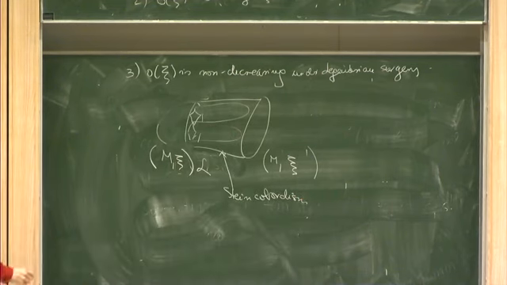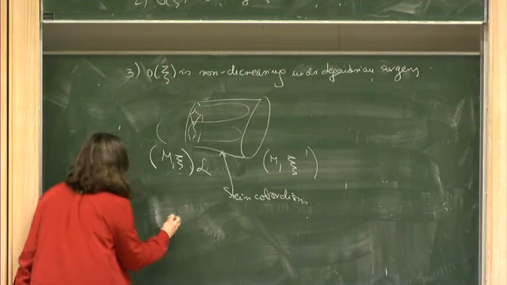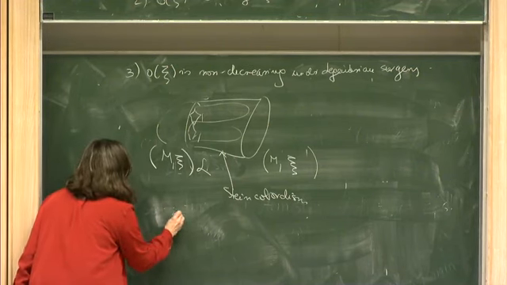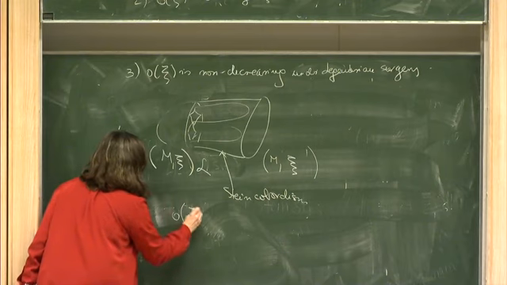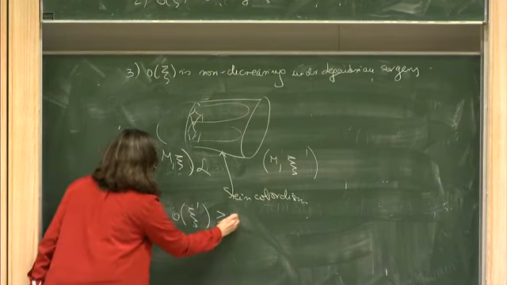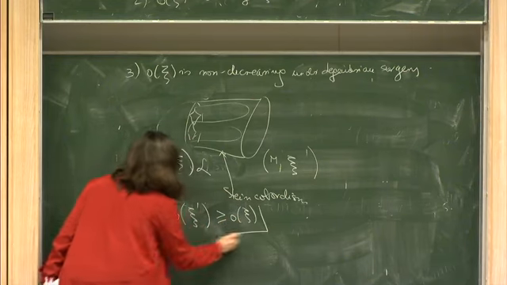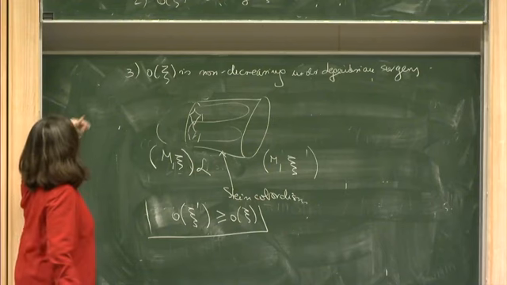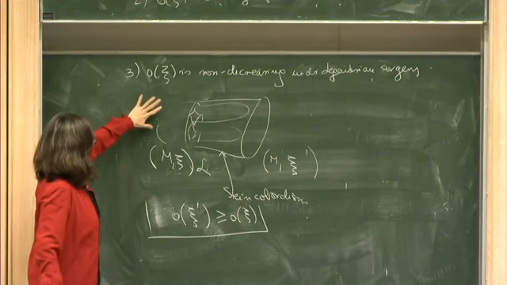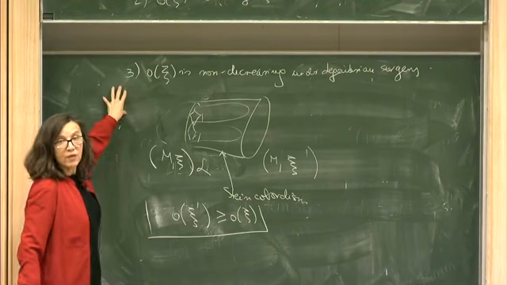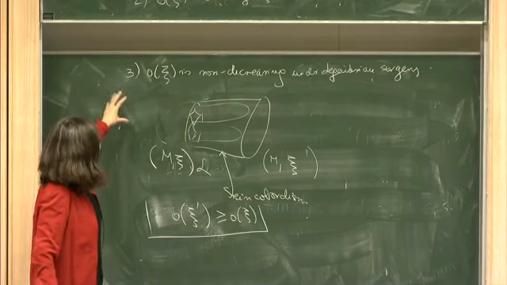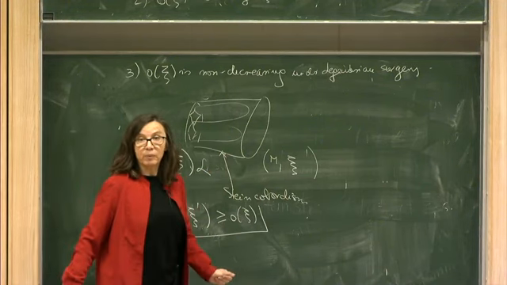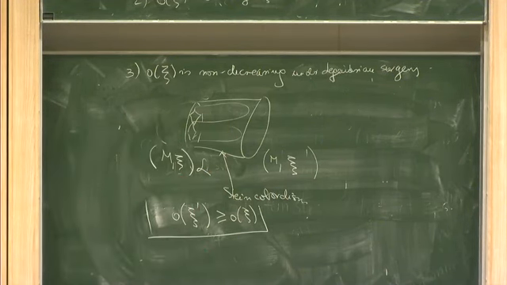And what our construction, our invariant satisfies is that the O of psi prime is going to be bigger than or equal to O of psi. In particular, from the definition, it will be pretty clear that O of the standard contact structure on S3 is infinity, and so any Stein fillable contact structure will also have a contact invariant infinity.